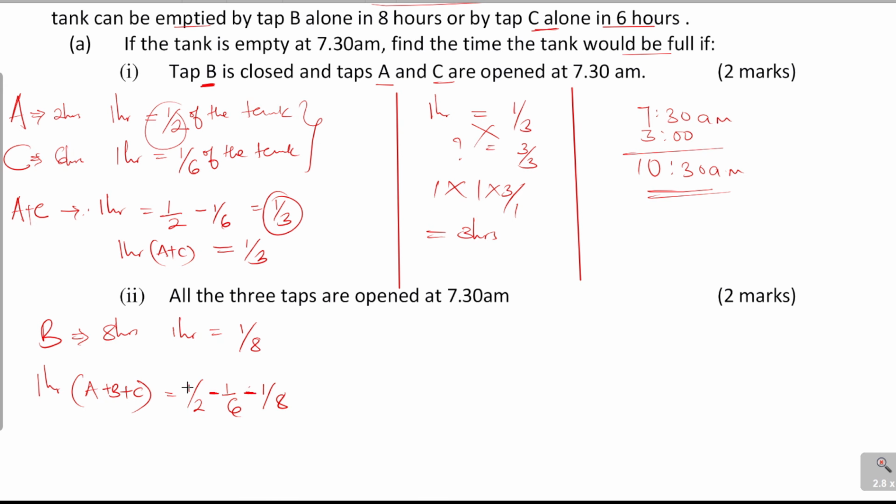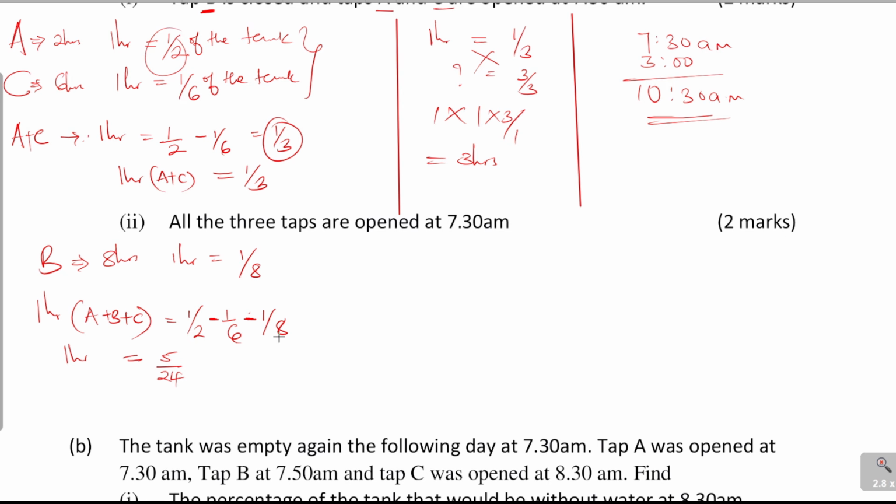So now this will give the fraction of the tank that will be filled if all three taps are running, A, B, and C. I need to note that B and C are emptying the tank, and that is why we are subtracting. So when you combine all these, subtracting 1/6 and subtracting 1/8, you'll get 5/24. So in 1 hour, all three taps will fill 5/24 of the tank. That is a fraction of the tank.